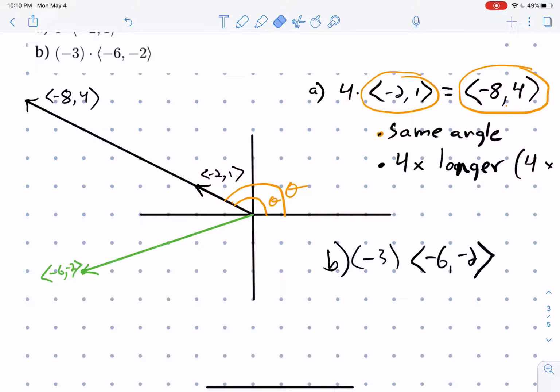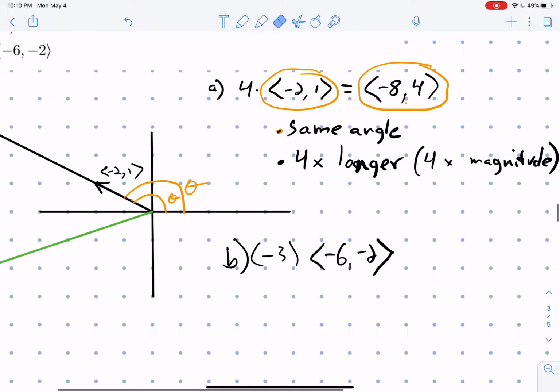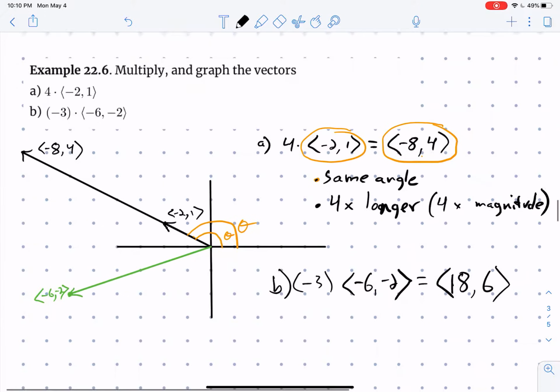And then the question is, what happens when we multiply it by negative 3? So first, let's carry out the calculation here. Negative 3 times negative 6, negative 2 is, let's see, positive 18 and positive 6. So this is the vector 18, comma 6. Where is that located? Well, since the x and the y are both positive, this is going to be in the first quadrant somewhere.